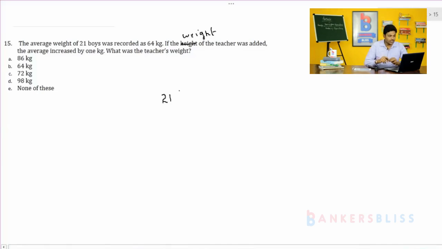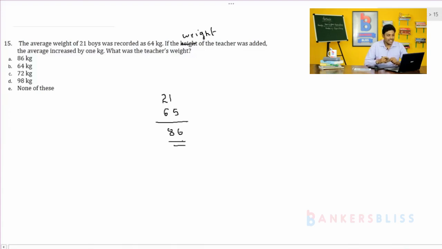After giving 21 kg, the average is going to become 65. Means the teacher is also having 65 after giving 21. So altogether 86 kgs. So the weight of the teacher is 86 kgs. So 21 kgs he is distributing.